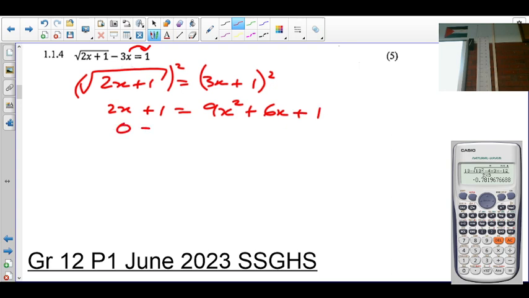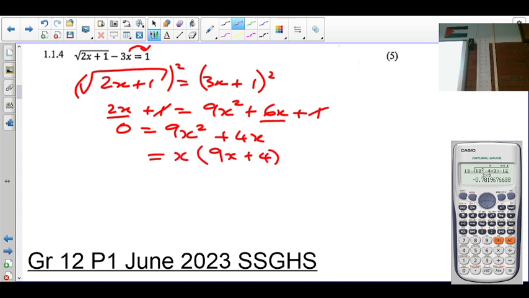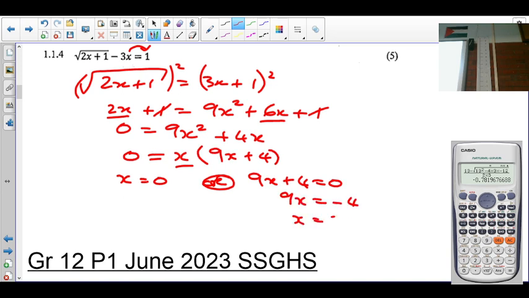Give everything to one side of the equal sign, so it's 9x squared minus 6x minus 2x will be plus 4x. The 1s cancel. As you can see, we can take out x as a common factor, so it's x times 9x plus 4. Set each factor equal to 0, so x equal to 0, or 9x plus 4 is equal to 0. So 9x is equal to negative 4, divided by 9, so it's negative 4 over 9.